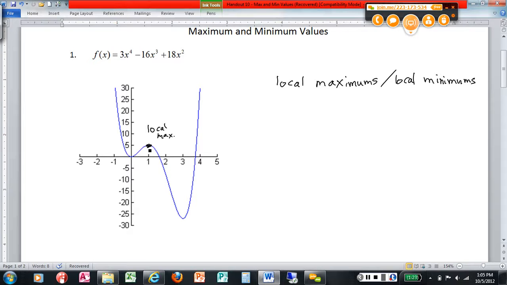All right, so with that in mind, what about local minimum, you think? The local maximums are the peaks, and the local minimums are the valleys. And there are some limitations to those words, because it's not necessarily always the case that a local minimum is a valley or a local maximum is a peak.